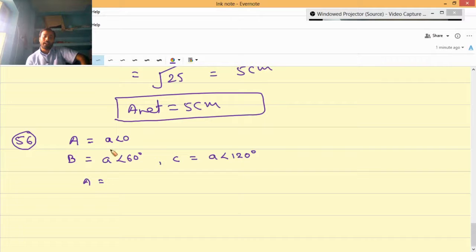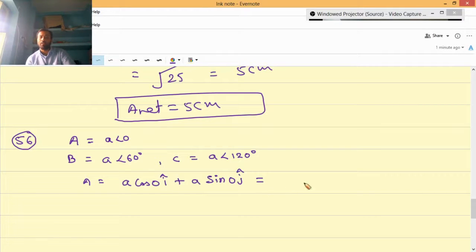Since this is in polar form, you have to convert it into rectangular form first. So for the first, it is A cos 0 degrees i cap plus A sin 0 degrees j cap.